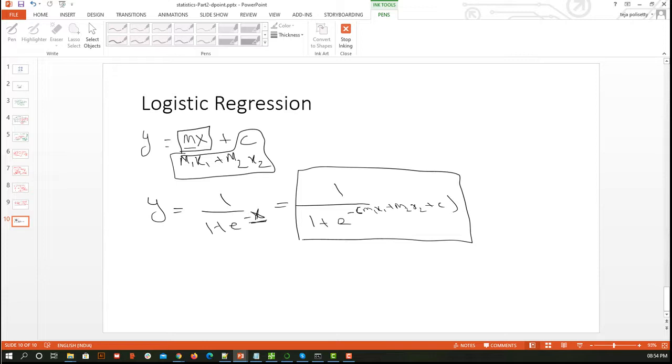Now I want to use logistic regression where I have 10 categories in the output. In that case, I will first identify whether it belongs to the first 5 classes or the second 5 classes. Let me take an example.